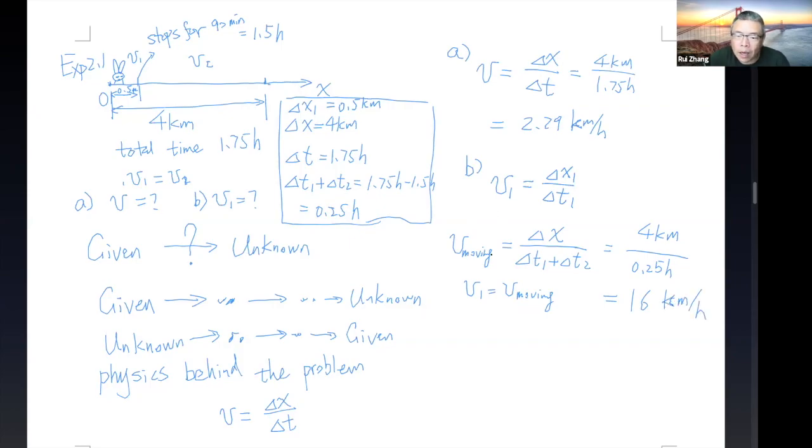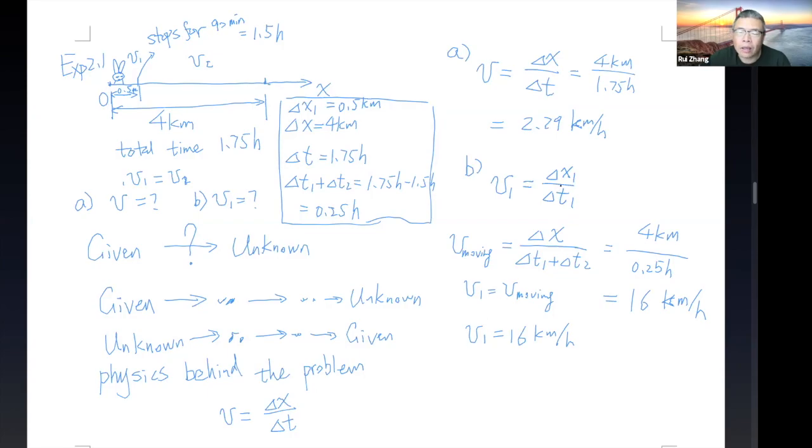That's the moving velocity of the rabbit. Because V1 equals V2, V1 simply equals 16 kilometer per hour. So that's the answer for the second part. Does that make sense to you guys?